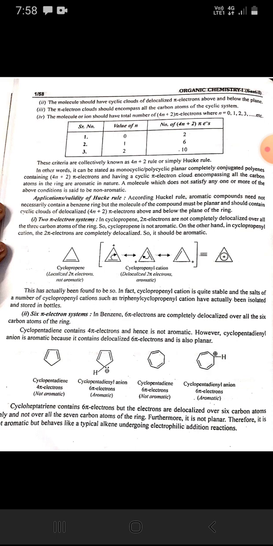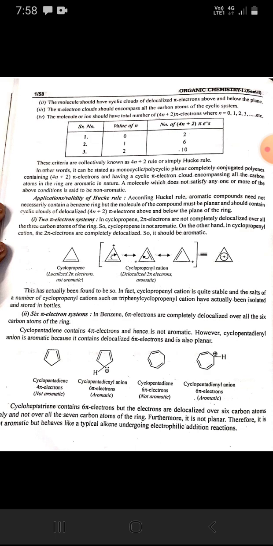So cyclopropene is not aromatic. On the other hand, in cyclopropenyl cation, the 2 pi electrons are completely delocalized, so it should be aromatic. This has actually been found to be so.